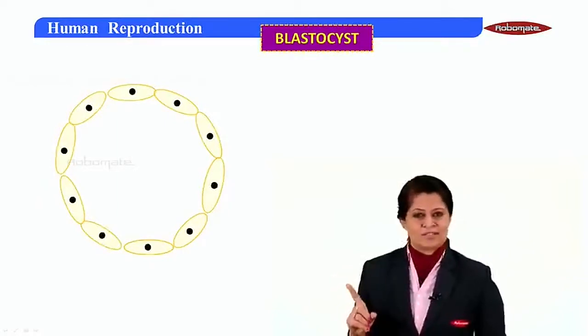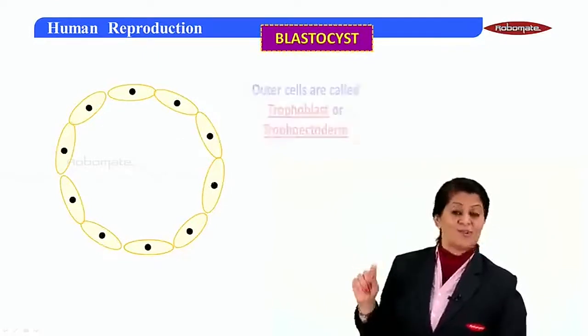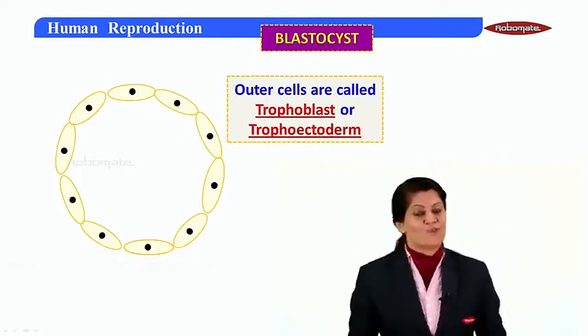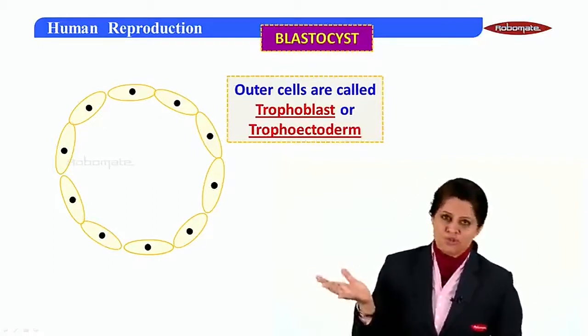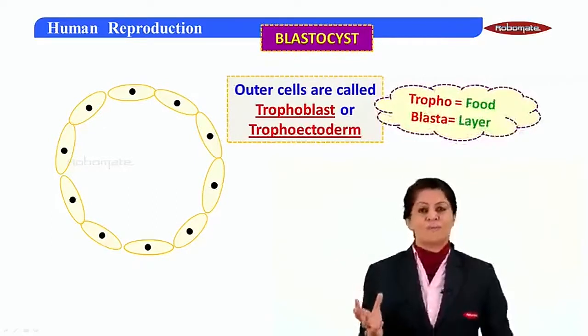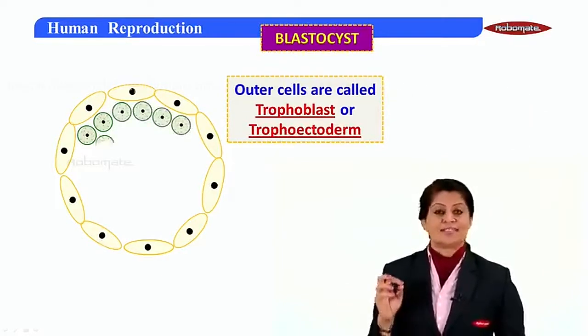And what is this structure? Outer layer of cells is called trophoblast or trophoectoderm. Inside it, the blastomeres were pushed to a corner. That group of cells, students, is called inner cell mass.